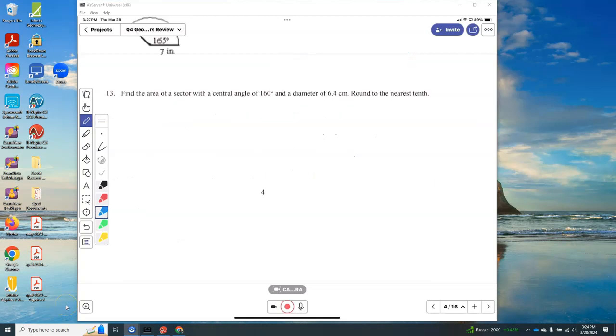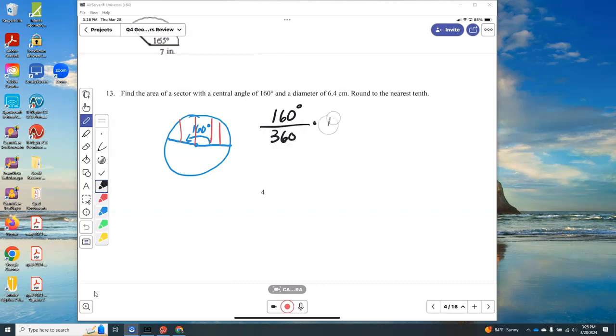13, find the area of a sector with a central angle of 160. So here's my circle, and here is my radius. The diameter is 6.4. My central angle is 160. To find the area of the sector, you have to tell me the fractional part of that area, which is 160 degrees out of 360, times pi times the radius squared.